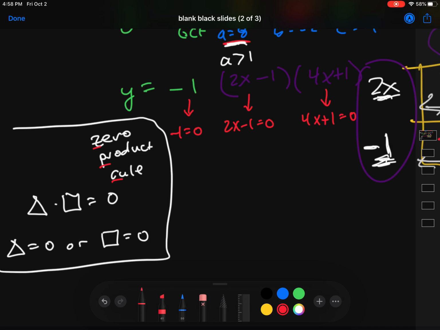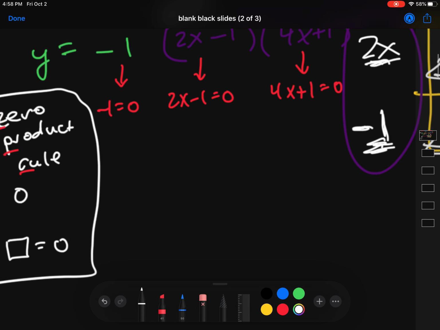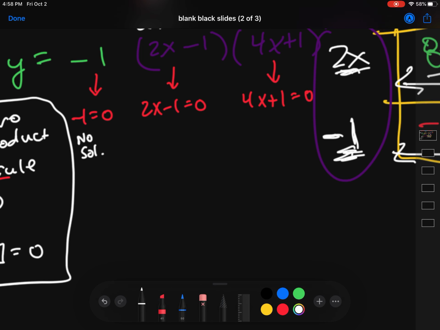Remember, solving is going backwards in PEMDAS. Okay, so question, can -1 equal 0? This would be a no solution. Remember PEMDAS, this is my little trick. When you're solving, you go this way, and when you're simplifying, you go that way.